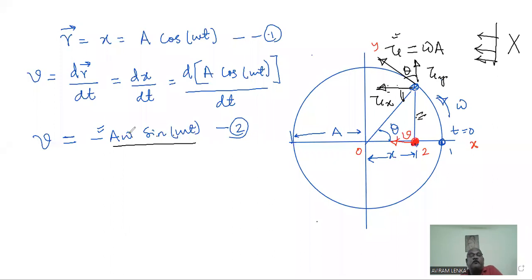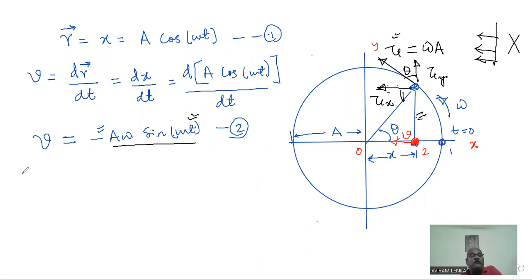the velocity also is not constant, because that contains t, and as t changes, omega t or sine omega t will be assuming different values. So velocity is not constant. Acceleration is bound to happen. Acceleration is there once the velocity changes.